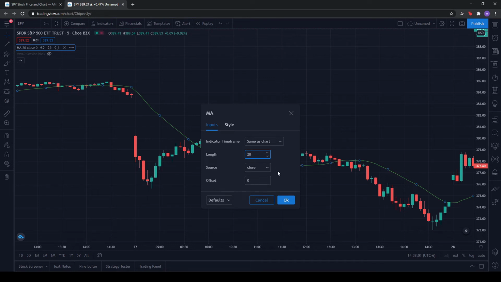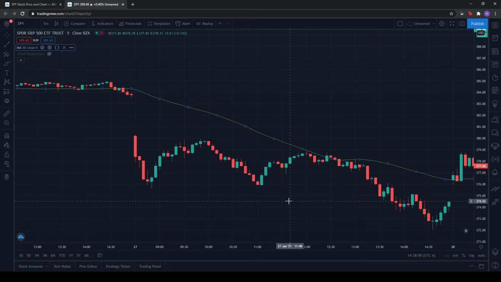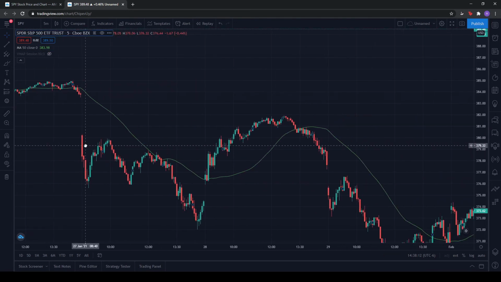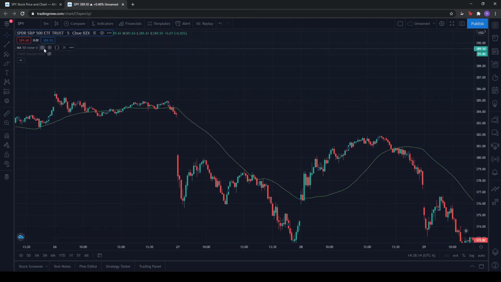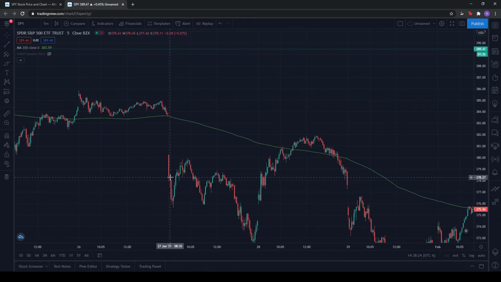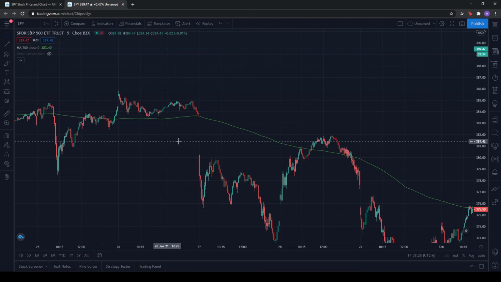Now, if you want to use the shorter to midterm period, you're going to put in 50. As you can see, that changes it. This is a longer term moving average. And then the last one we're going to use, which is pretty much the ultra long term period, is the 200. And this just measures a longer period of time.